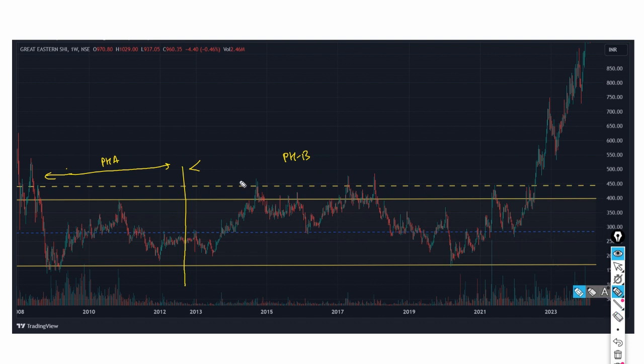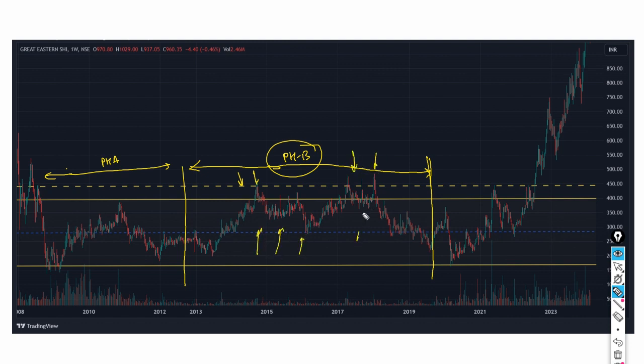The operator is going to spend a lot of time within this phase B, and there is going to be interaction of supply as well as demand. Once he has accomplished his business, he is going to enter phase C.